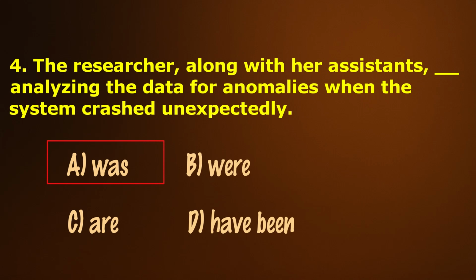The system crashed, ed. So we do not need options C and D. Why can't we use were? Because the real subject is only the researcher. The along with her assistants part is not the subject. So we use a singular verb.